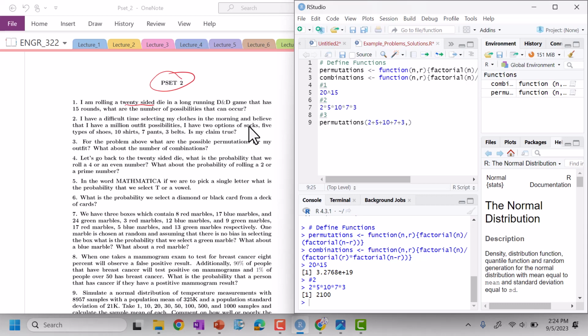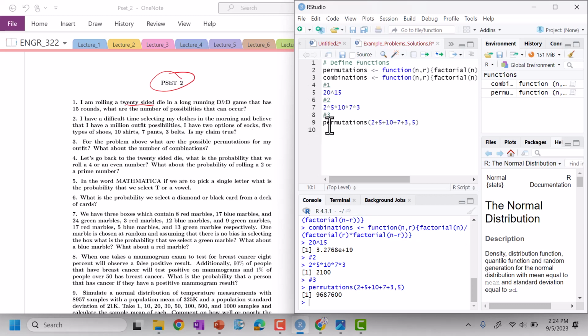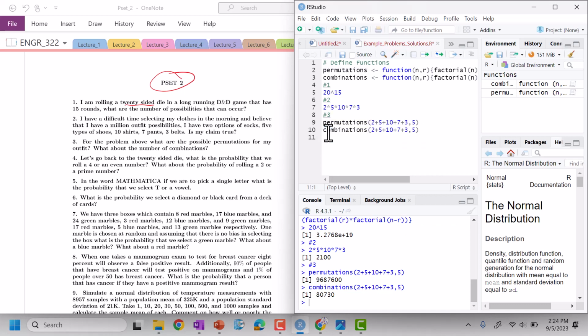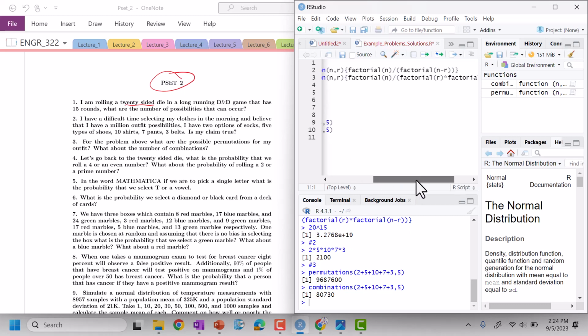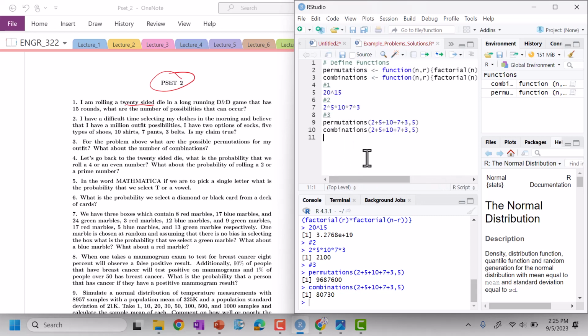So I could have an outfit where I just have 2 socks and a belt, just to make it straightforward. And the same thing for combinations would just be to switch here. So that could be my solution, and that is one potential outcome that can occur.